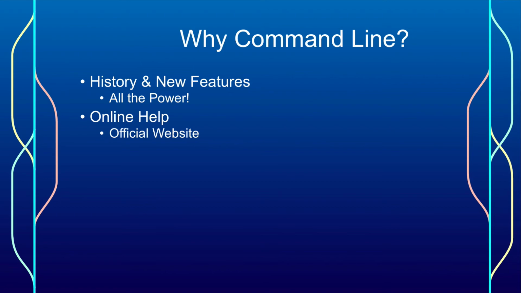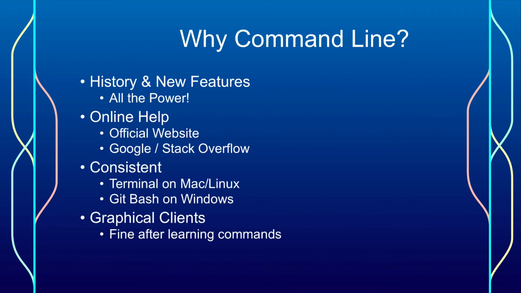You go to the official website or Google, Stack Overflow, really anywhere, and you'll be given a bunch of commands. And the reason why is that it's consistent. Regardless of your operating system, whether you're on Mac or Linux or on Windows, all the Git-related commands are identical. There might be a few very, very minor exceptions, but for the most part, it's all the same thing.